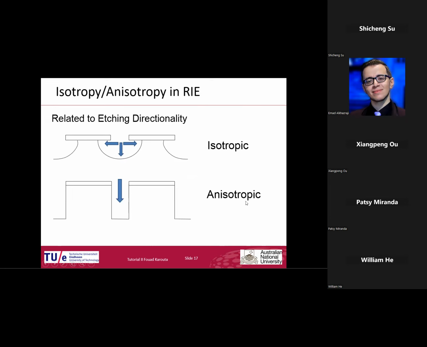If you are doing anisotropic etch, you are going vertical with minimum side edge. Of course, 100% anisotropic may be very difficult to achieve. You always have to compromise, and I'll give some examples later about anisotropic etch.